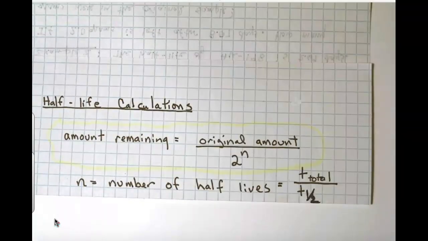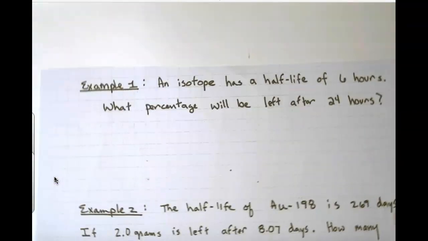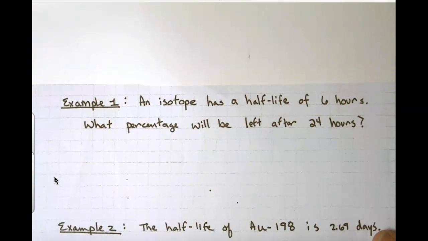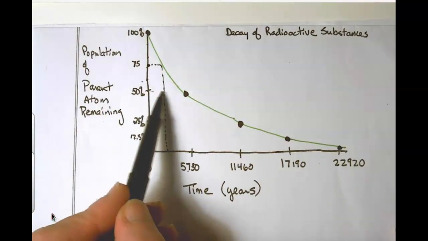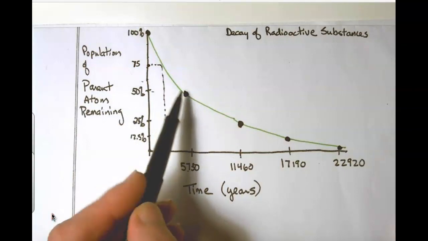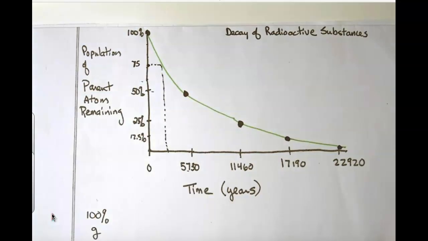So let's do a problem. We're going to do an example problem, and we're going to see how we do these types of problems. So here's our first example. As a review of what we learned already, we could look at a decay chart, and if we found that 50% of a sample was still radioactive, we could go into our chart, go over to our curve and go down, and we would find that sample would be 5,730 years old.